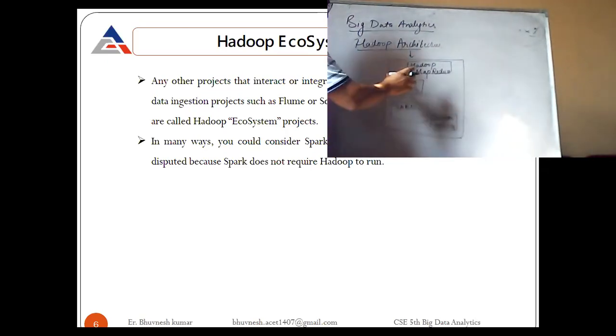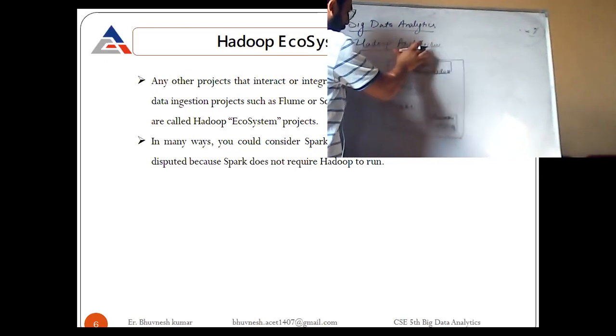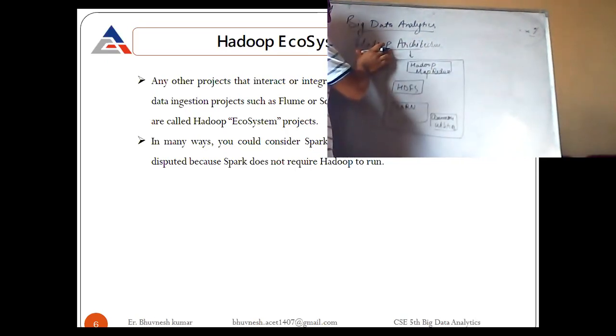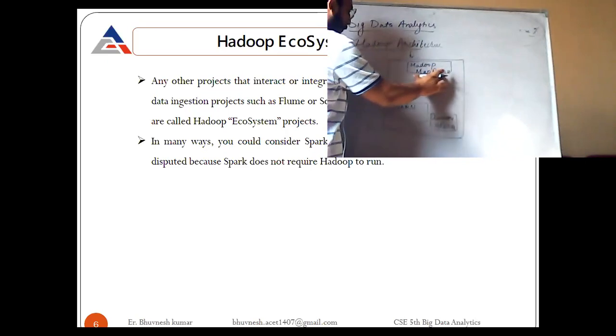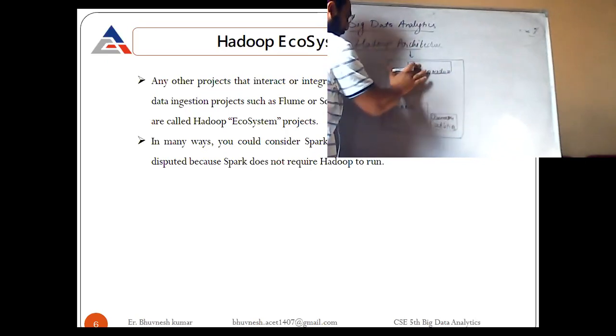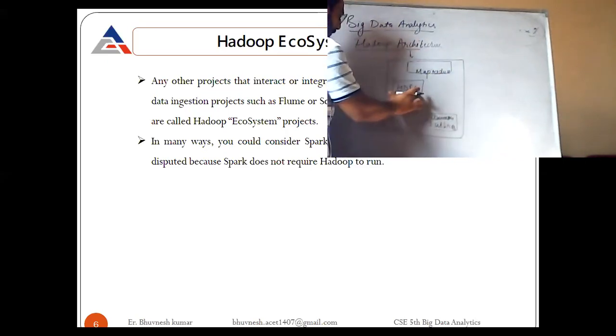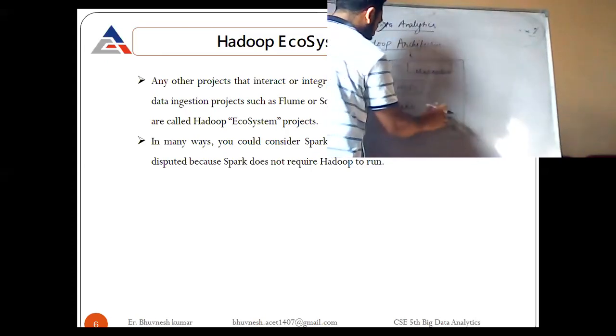These are the main frameworks that come under Hadoop. First is MapReduce, HDFS, YARN, and common.